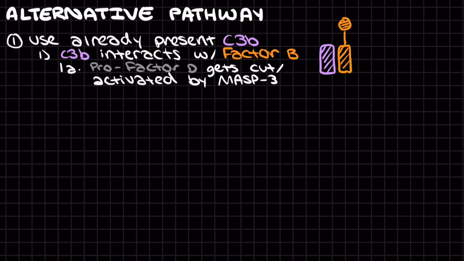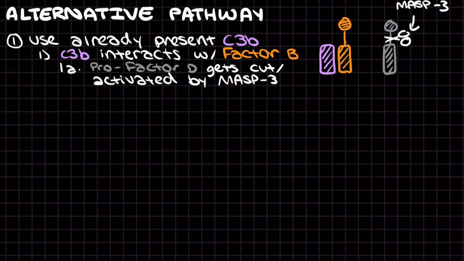But if we draw it out here, here's pro-factor D. And then I'm going to show MASP3 just by these pair of scissors, because MASP3 is going to be what cuts pro-factor D into its active form. So this is MASP3.